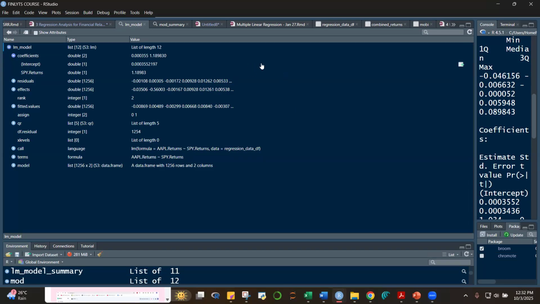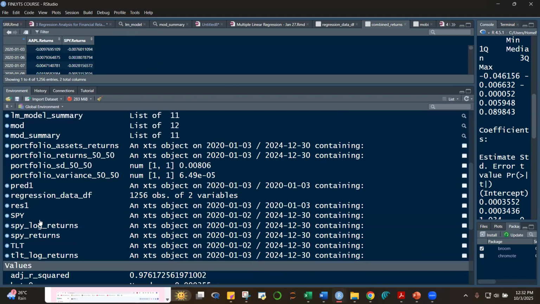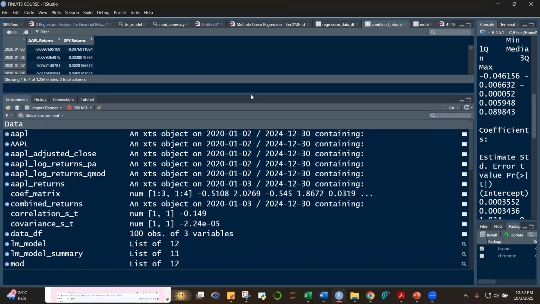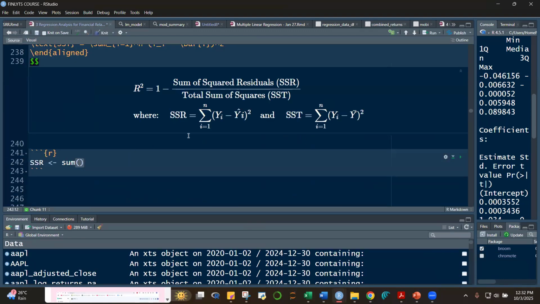Okay, for lack of time, class, we can get it from combined returns. If you recall, class, combined returns. What was that, class? Anong value yun? So what's y sub I, class? I'll just use combined returns dollar.